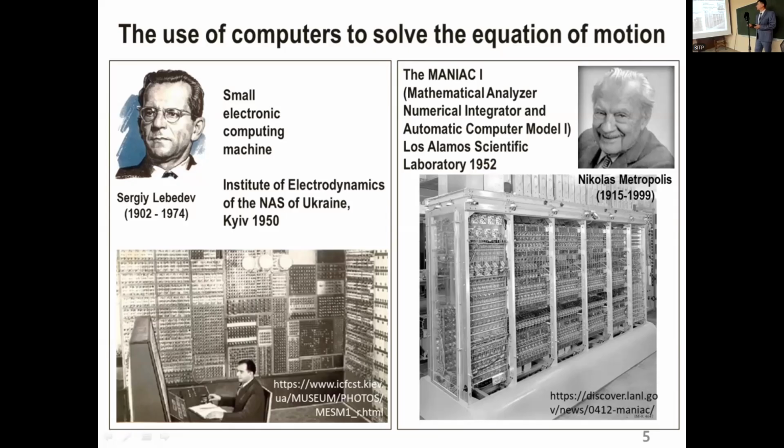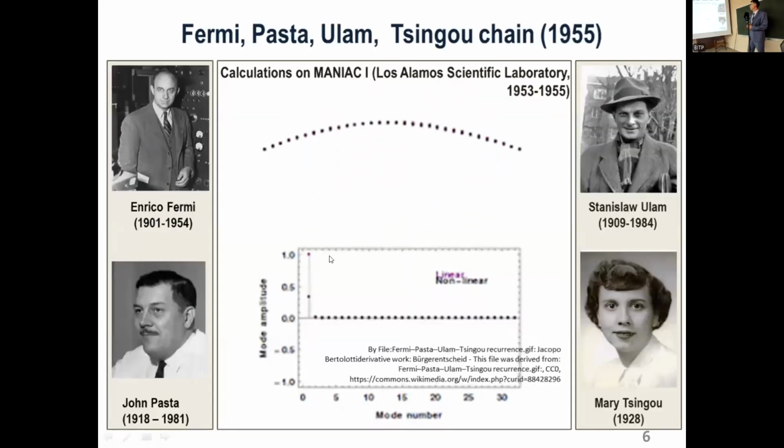And on this computer in Los Alamos, the first, probably the first physical problem which we know was solved. This is the problem that has the name Fermi-Pasta-Ulam chain.